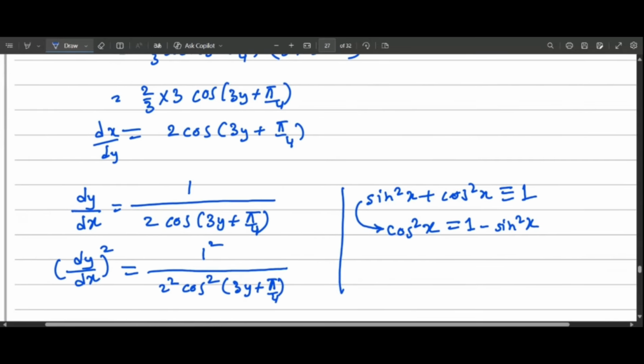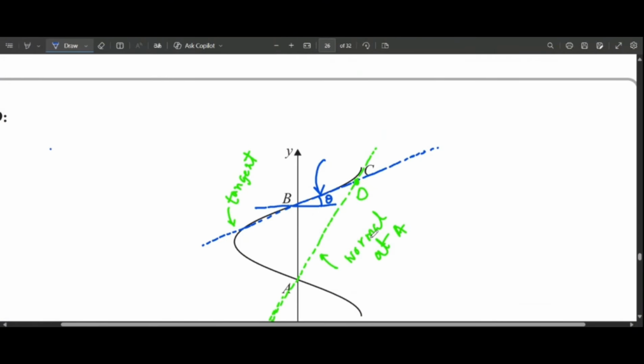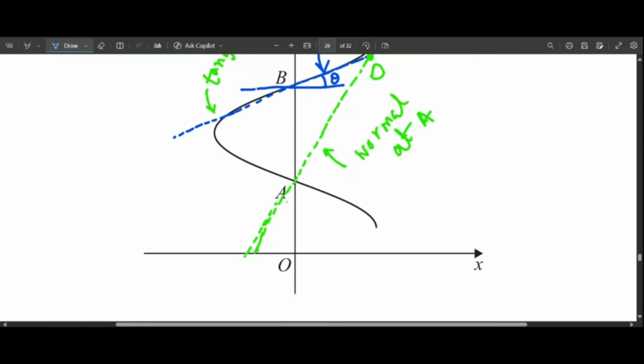Again, looking at our sketch, we can see that at x equals 0, the gradient at point A is negative, because the angle made with the x-axis is obtuse. So the gradient at point A is negative.